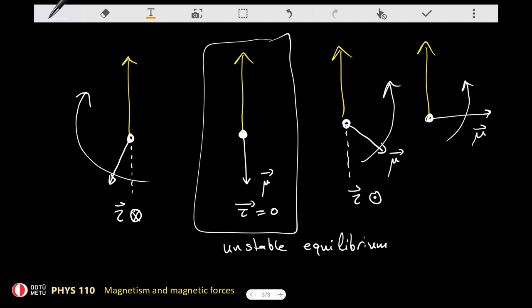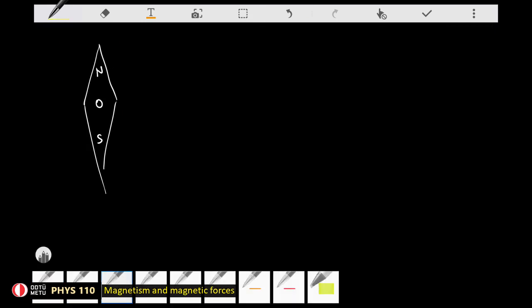Okay, one example is the compass. It's actually hard to show that the definition that we have provided is also valid for the compass as well, but as I said, I'm going to talk about this later on. So the compass needle is something like this, and there's a magnetic field, the Earth's magnetic field, right?